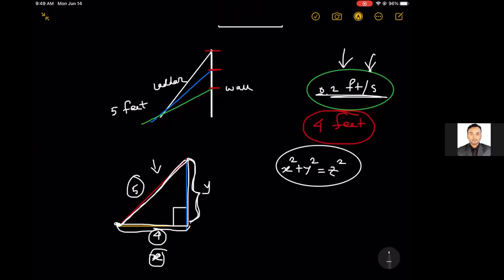Now you just need to understand what this is. Again, this is the rate at which I'm pulling the foot of the ladder from the wall. What do you think this could be, if you try to denote it with something?